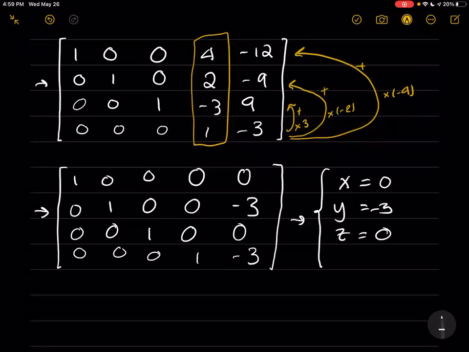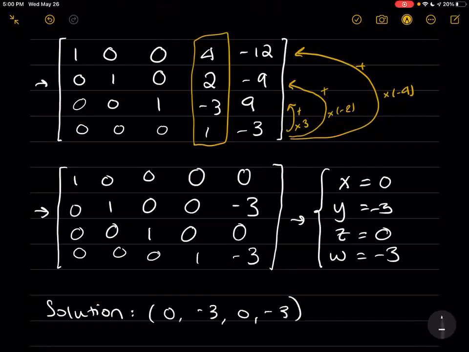And then 0, 0, 0, so no x or y or z. There's a 1, so there's going to be a w, and then there's going to be equal -3. So here the solution is going to be 0, -3, 0, -3. Cool. So those are some examples of using matrices to solve systems of linear equations.